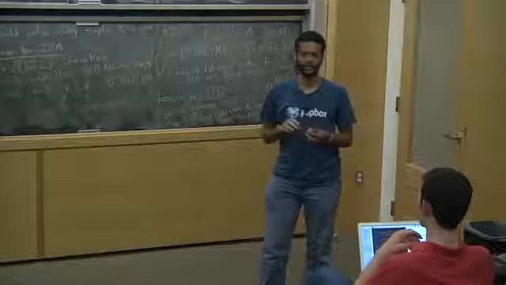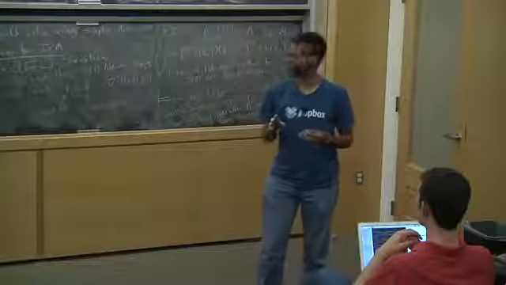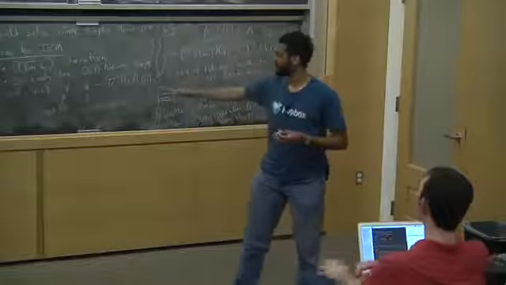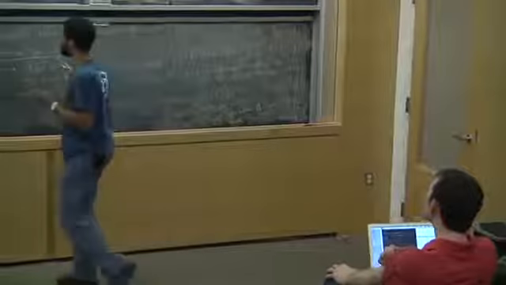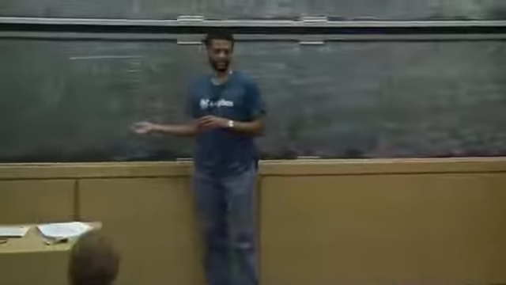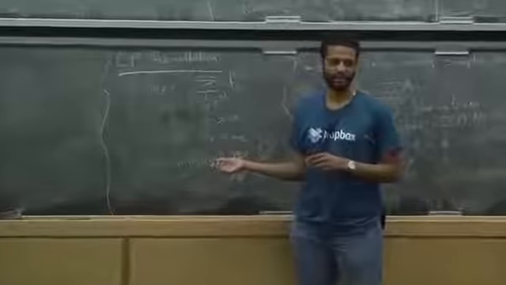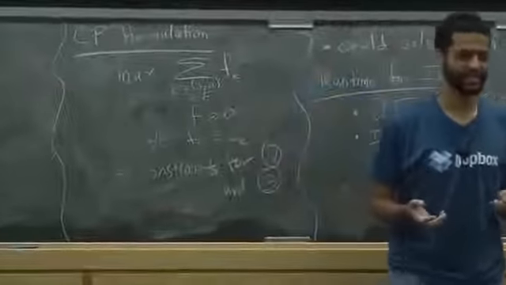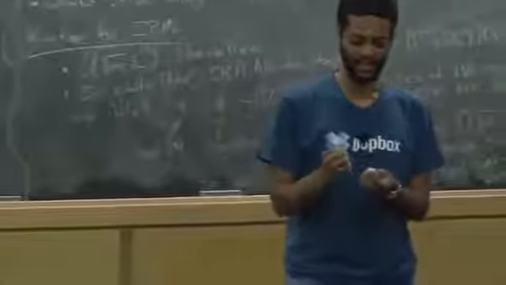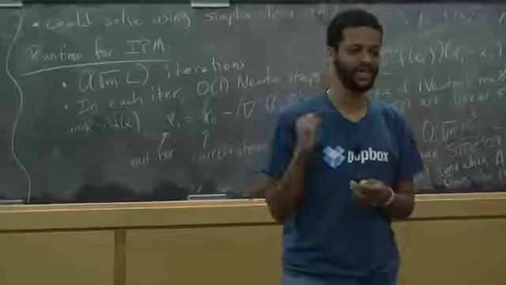Oh, no, I want to stick to a particular definition. My definition of a flow is that it's a non-negative vector. What you're saying makes sense, but I want to stick to that definition of flow.